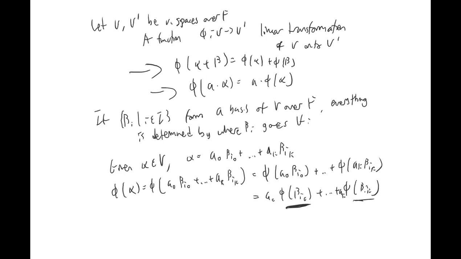Similarly here, think of the beta i's as generating, or spanning, your space V. I just need to know where each basis element goes to know where everything in V goes. Everyone clear on this?